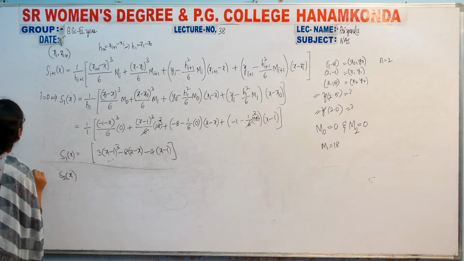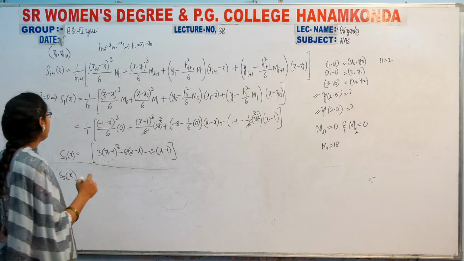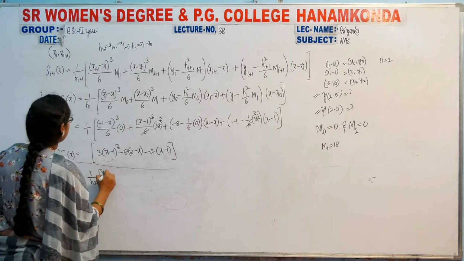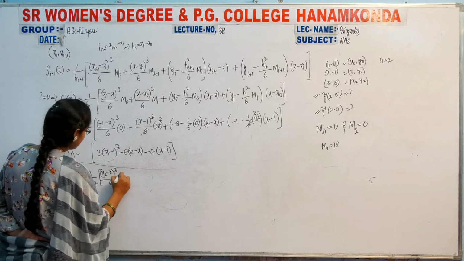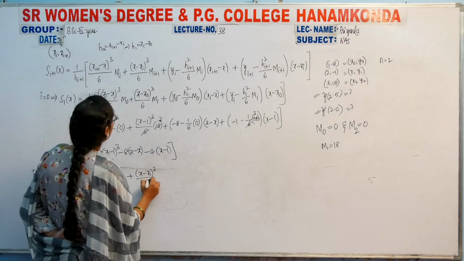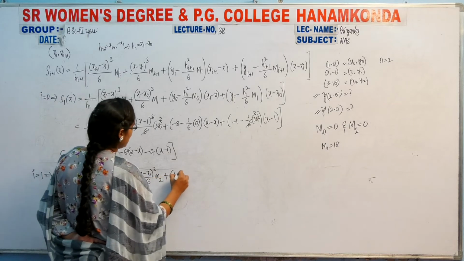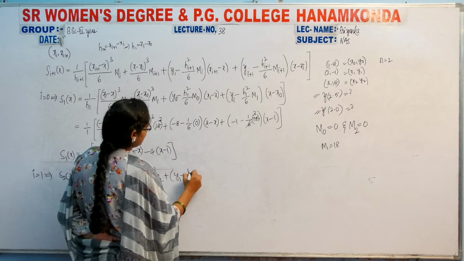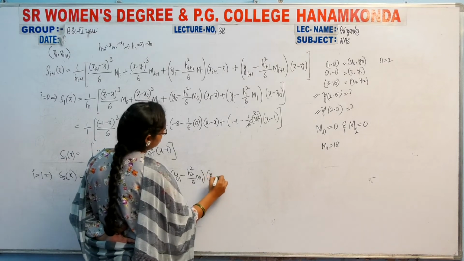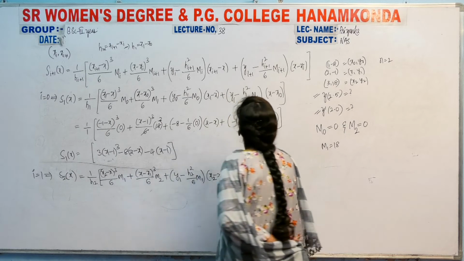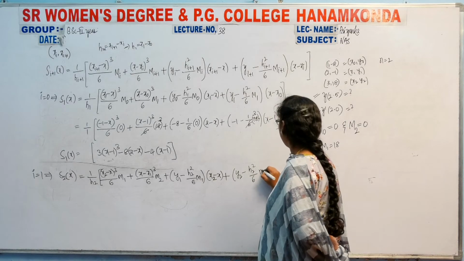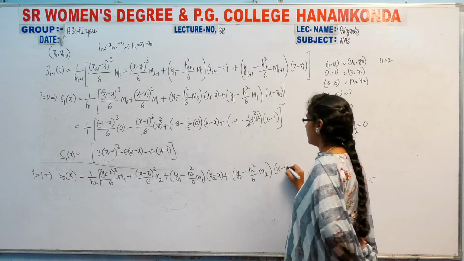Next S2 of x means for i equal to 1. For i equal to 1, what we get here from this formula? 1 by h2 of i equal to 1, (x2 minus x) whole cube by 6 m1 plus (x minus x1) whole cube by 6 m2 plus (y1 minus h2 square by 6 m1) into (x2 minus x) plus (y2 minus h2 square by 6 m2) (x minus x1).